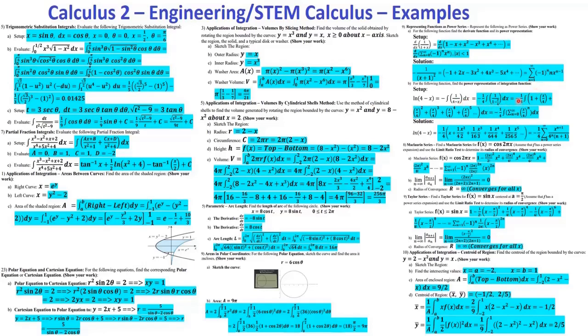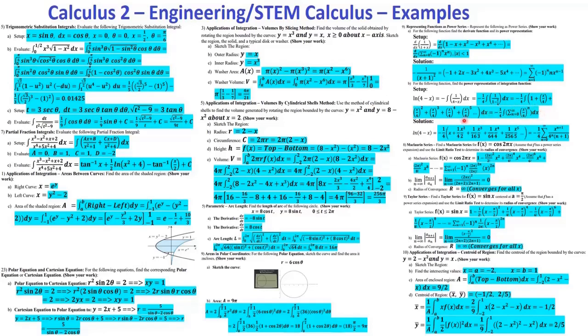Then this is minus 1 over 4 times the integration of this power series, which is 1 plus x over 4 plus x over 4 squared plus x over 4 cubed plus x over 4 to the 4 and so on. Then this can be written in sum notation, where n equals 0 to infinity, x over 4 to the n dx.